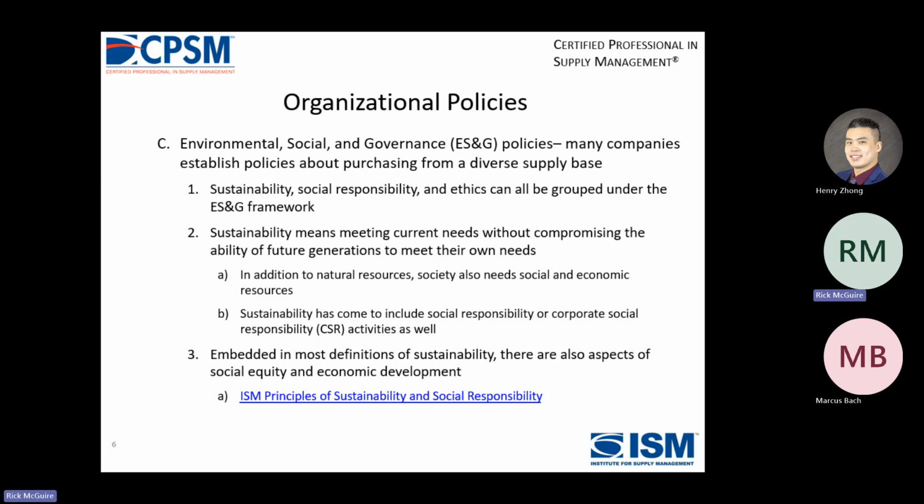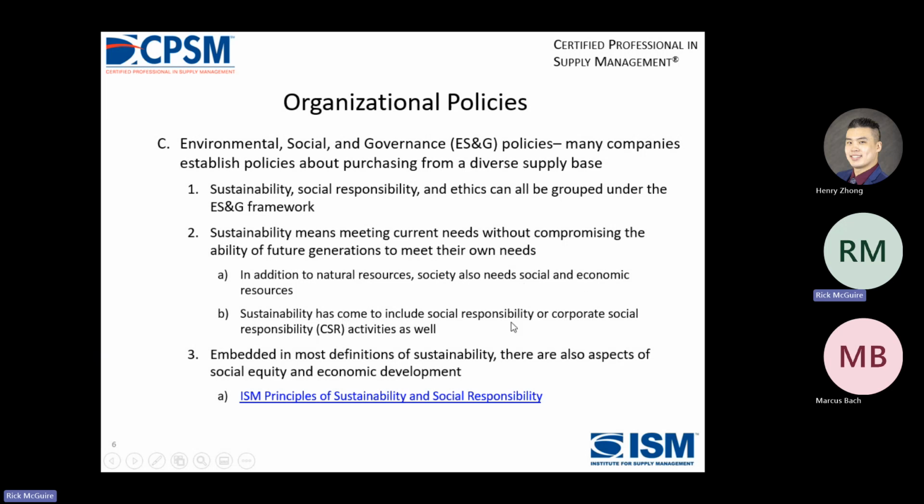So sustainability, social responsibility, and ethics can all be grouped under the ESG framework. And sustainability means meeting current needs without compromising the ability of future generations to meet their own needs. So the baby boomers are not using up all of the resources. In addition to natural resources, society also needs social and economic resources.